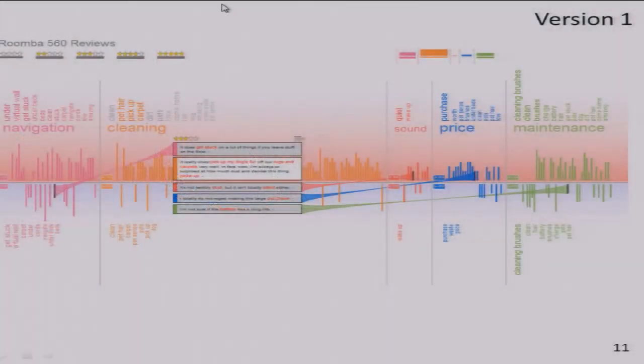But sometimes you also want to pull them together to see how a single review is distributed. This one shows a single review that talks about multiple aspects of the product, related to different dimensions and with different sentiments.